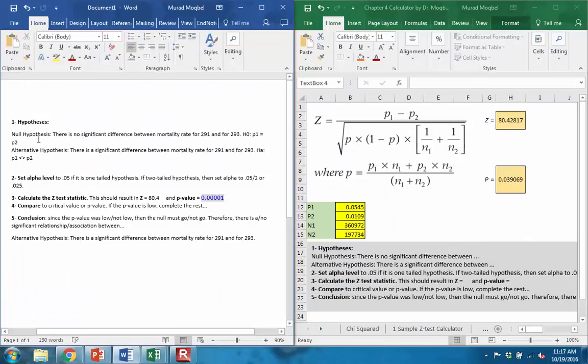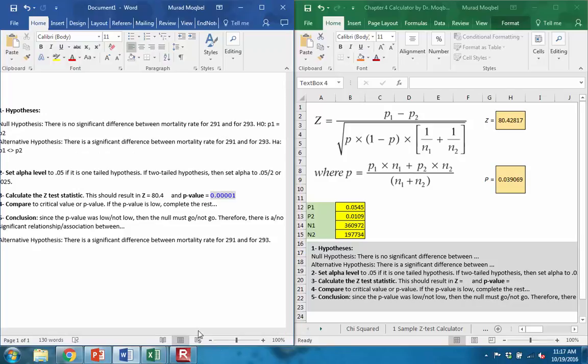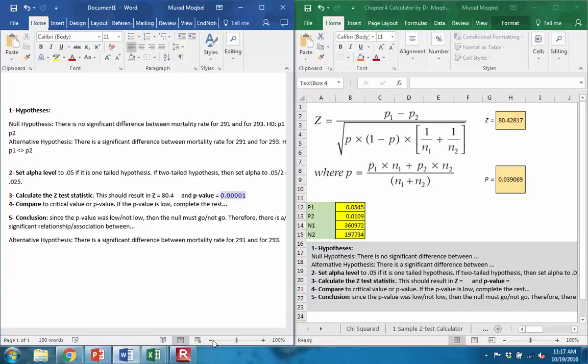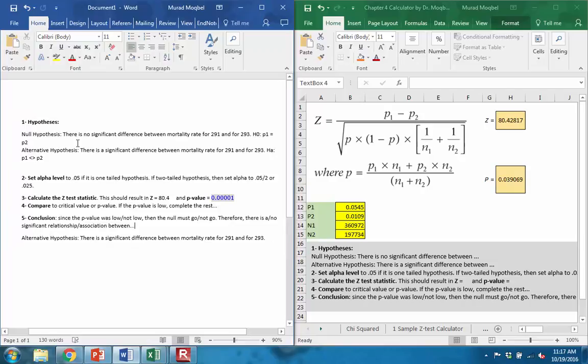So the null hypothesis in our case here, we will say the null hypothesis is there is no significant difference between ER admission rate for DRG 292 and DRG 293.